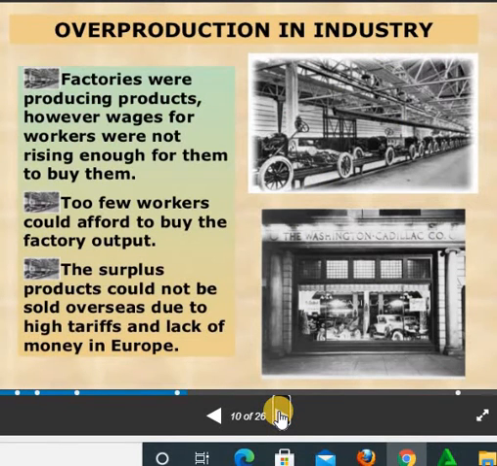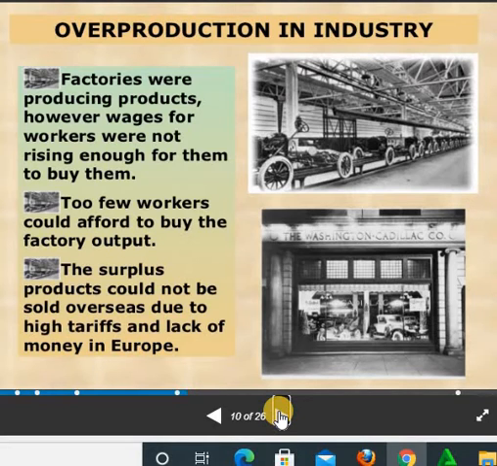Furthermore, there was overproduction in industry and in factories because prior to the Great Depression, the period whereby the economy was seen to be performing or booming well, it encouraged these industries to produce more goods as they anticipated that the market was large enough for their goods.